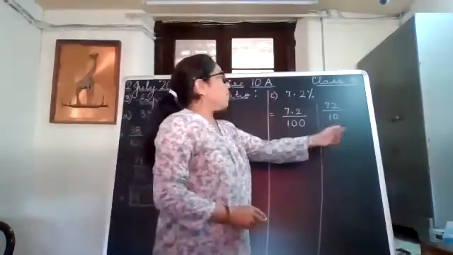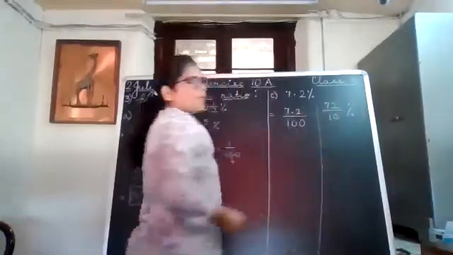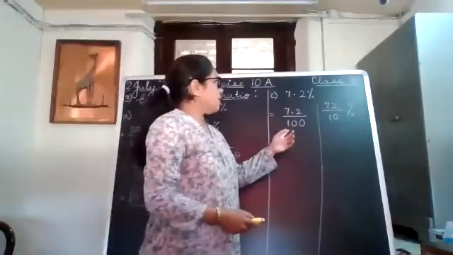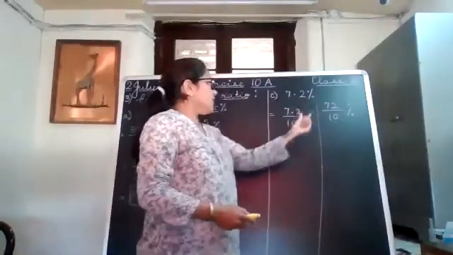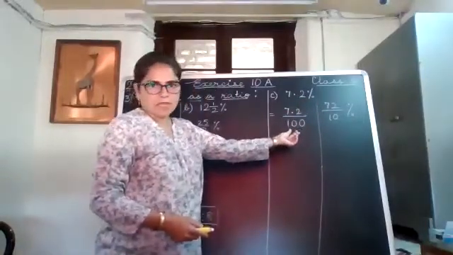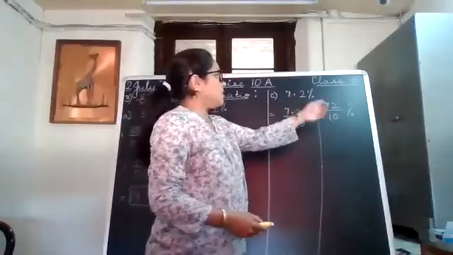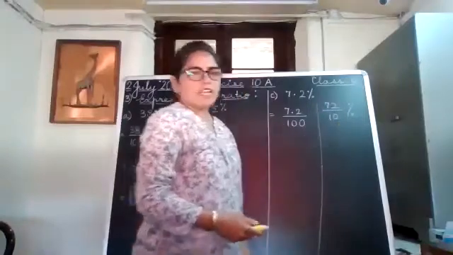So 72 upon 10%. So I'm doing two methods at the same time. So here what have I done? This number I let it remain as it is, and for the percentage sign I have put the 100. And in this method 7.2 I changed into a fraction, and the percent I left as it is.